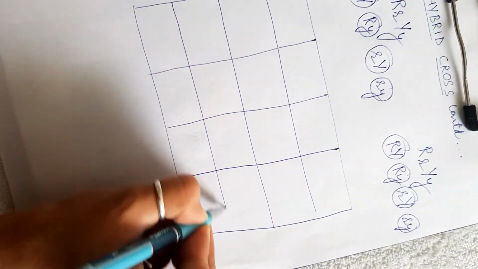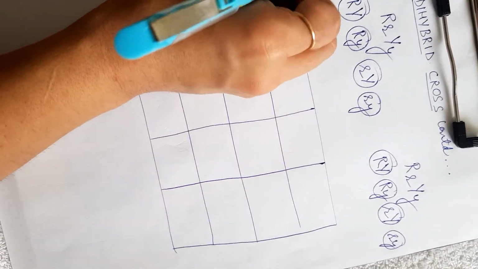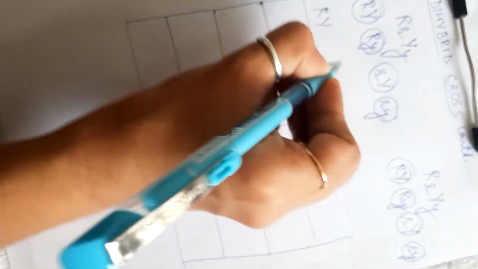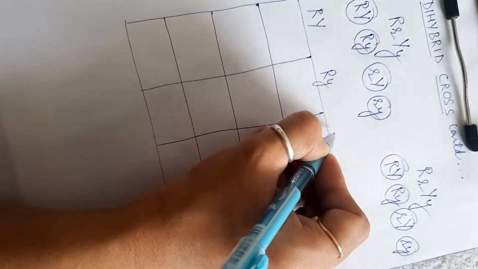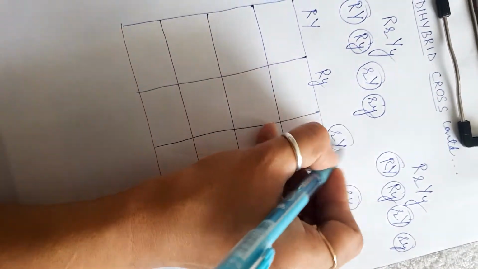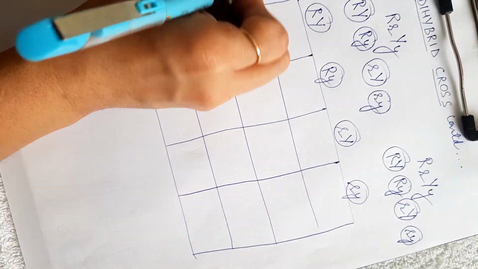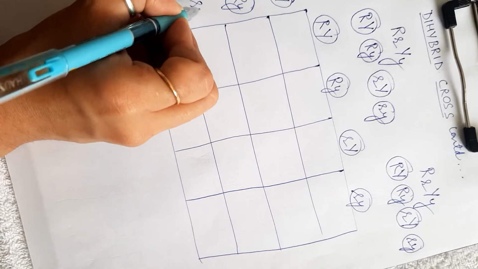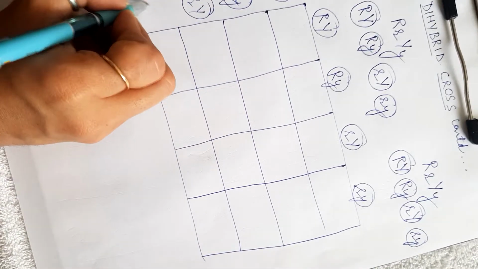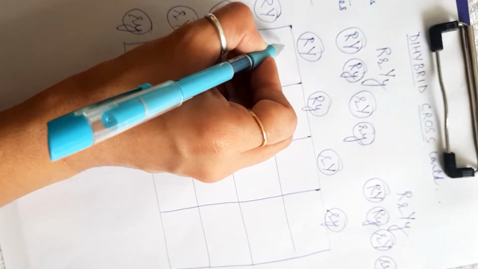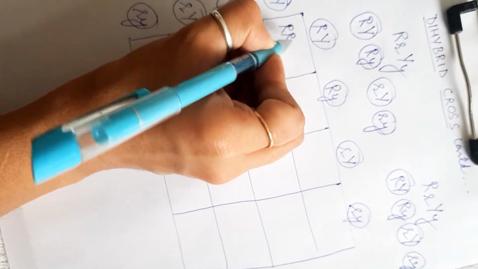You have to be very careful the way you write the gametes. Every time the sequence should be the same, otherwise it won't be easy for you to recognize what is happening in the offspring. So write down the four gametes like this.